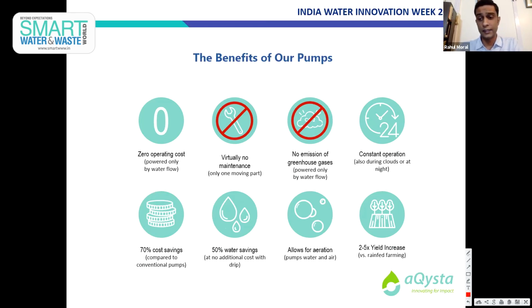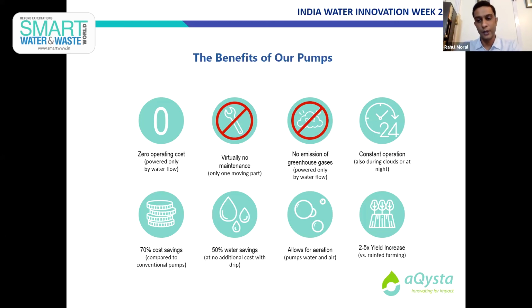Constant operation, I said this before: competition in similar products in the renewable energy area, for example solar pumps or other electric pumps, have operational problems and will not operate 24/7 throughout the year. But the Barsha pump, in a river or a stream that runs perennially, will operate 24/7, 365 days a year.